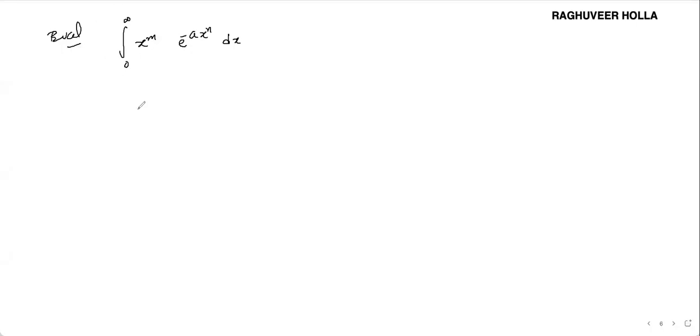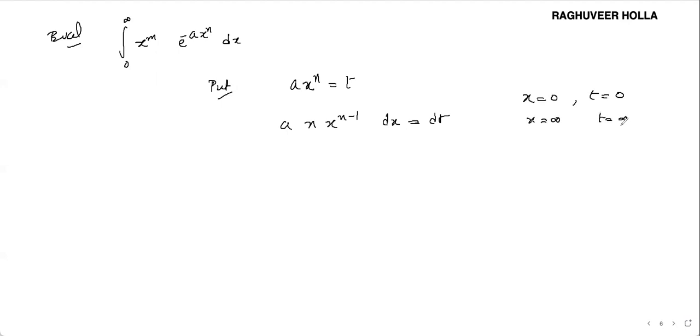Okay, now let us evaluate the integral 0 to infinity x to the power of m, e to the power of minus a x to the power of n dx. Now let us put a into x to the power of n as t. Okay, so a n into x to the power of n minus 1 dx is equal to dt. So when x is equal to 0, t is 0, and when x is infinity, t is also infinity.